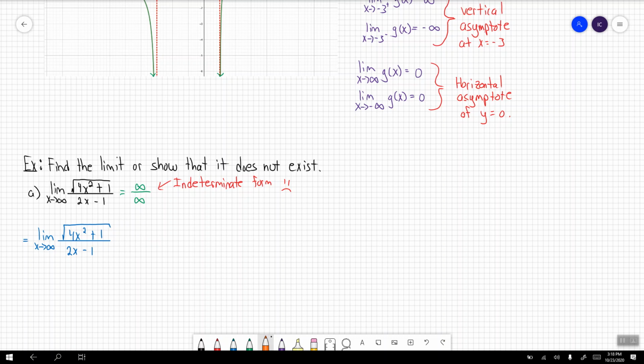What I'm going to want to do at this point in time is multiply both the numerator and the denominator, so both numerator and denominator, by some factor. Okay, so with this factor, I'm going to focus on the denominator first.